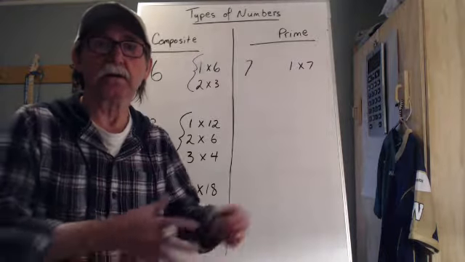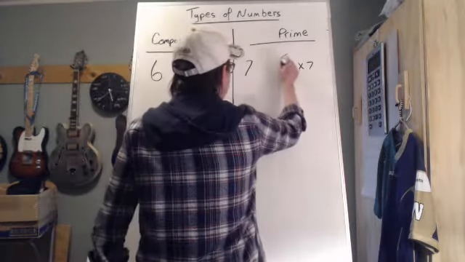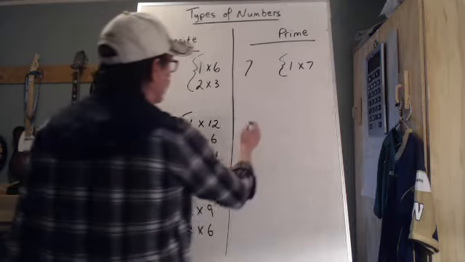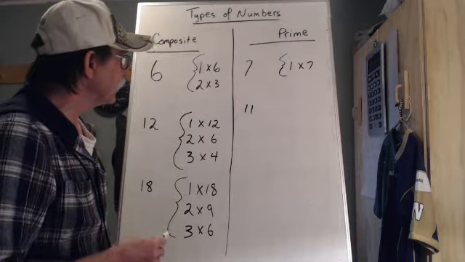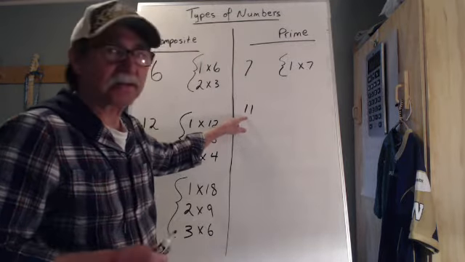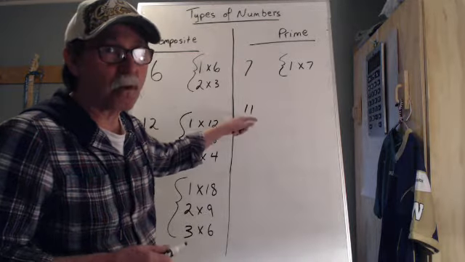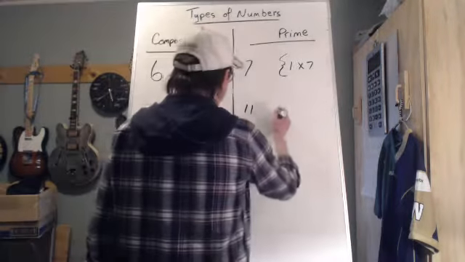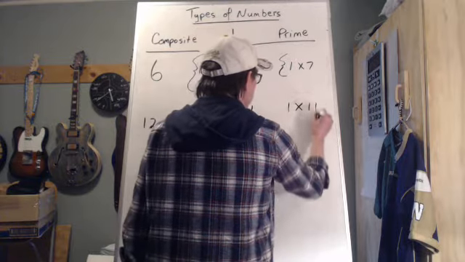In other words, 1 times itself. I'll put a bracket around that just like I did over here. How about 11? Well, is there anything that you can multiply to get 11 other than 1 or itself? No, there's not. So 11 can only be expressed as 1 times 11.